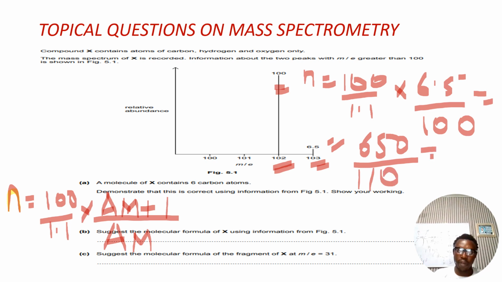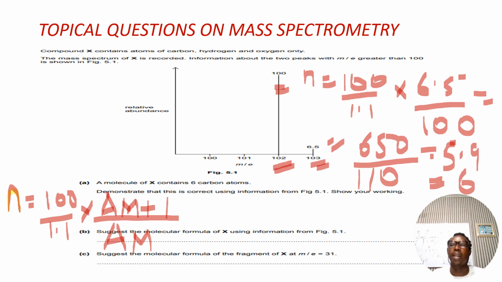So 650 divided by 110 will be equal to 5.9, which is approximately 6. So from the workings, it shows that it is correct.